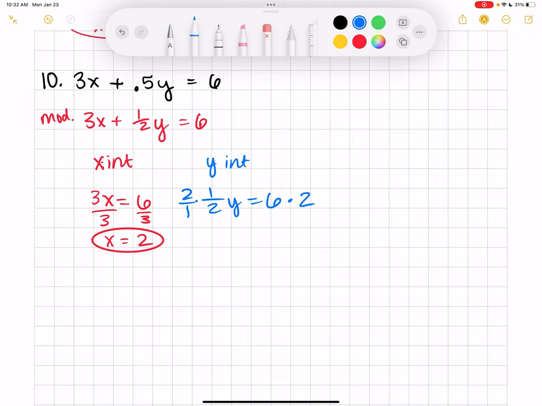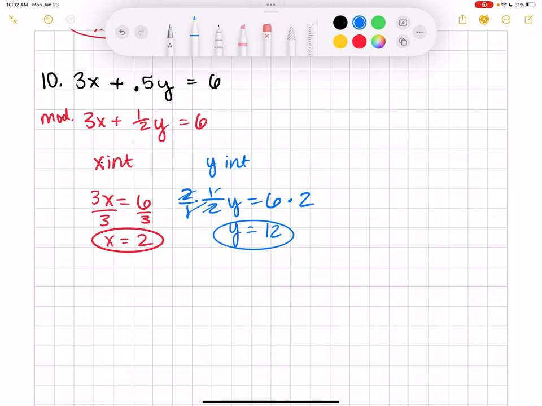You don't have to write the over 1 because it just makes it a whole number. So y is equal to 6 times 2, which is 12. So that's all you would do if there's a fraction in front: multiply by its reciprocal, like keep change flip.